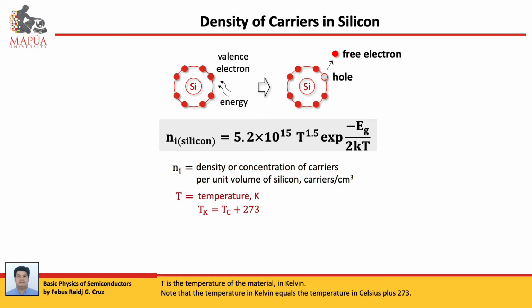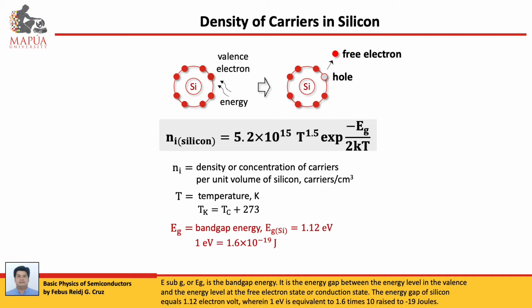T is the temperature of the material in Kelvin. Note that the temperature in Kelvin equals the temperature in Celsius plus 273. E sub G or Eg is the band gap energy. It is the energy gap between the energy level in the valence and the energy level at the free electron state or conduction state.